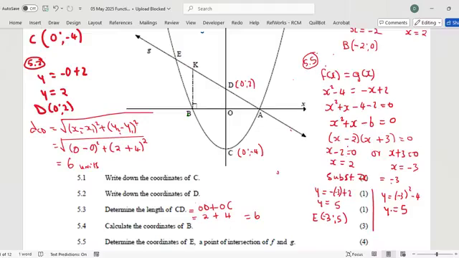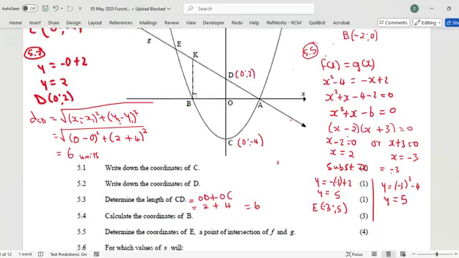We factorized, we find that X is 2 and X is -3. Now you've got two X values. We want one. Check the quadrant to know which one to choose. After choosing, you must find Y. How are you going to find Y? Take the X value, substitute on any of the two graphs. That is how you are going to get the Y value. My explanation is done. Do we have a question?